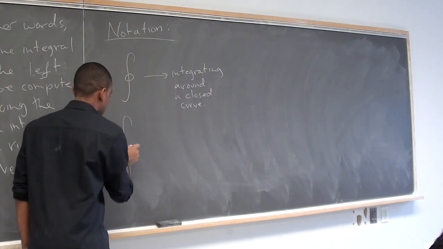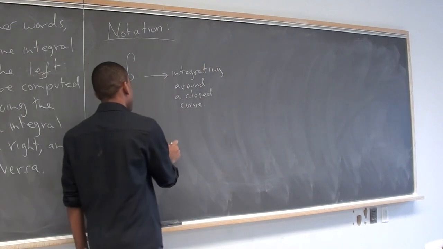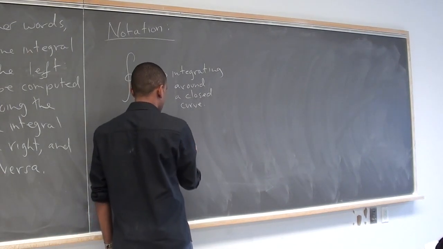And then there are some other mathematicians who are even more pedantic. They'll actually put an arrow on the integral to mean we're integrating around a positively oriented closed curve.